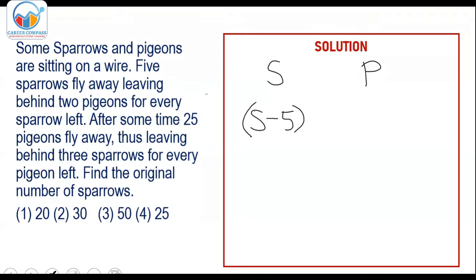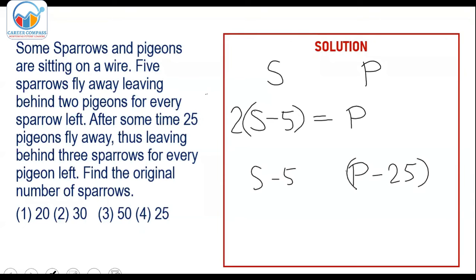Which means the number of pigeons will be twice that of remaining number of sparrows. Please understand, when they have said leaving behind 2 pigeons for every sparrow left, that means we will have double the number of pigeons as compared to the number of sparrows left. Now in the second part, they have said after some time 25 pigeons fly away.